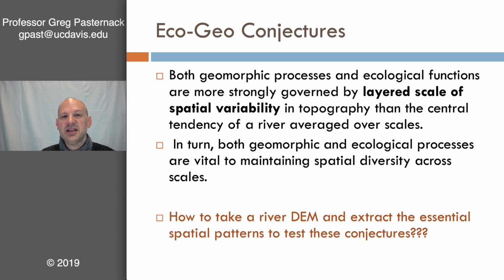Geomorphic processes and ecological functions rely on not only variability at any one spatial scale like the bankfull channel, but a nesting, a layering of variability from scale to scale to scale. The term nesting is used in geomorphology. What does it mean? It means something inside of something, inside of something, and so on.